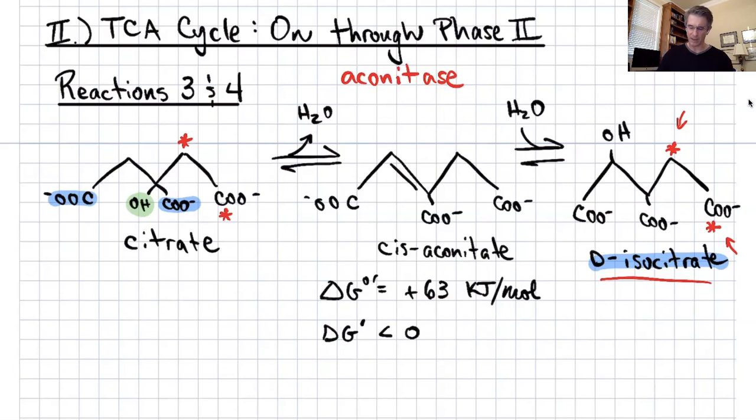But I'm claiming that aconitase can stereospecifically and with precision only move the alcohol group over to one carbon to the left, as I've written it here, instead of to the right. How could it possibly do that? And when it does it, it only ever generates the D isomer and not the L. Okay, the answer to that has to do with something known as prochirality.